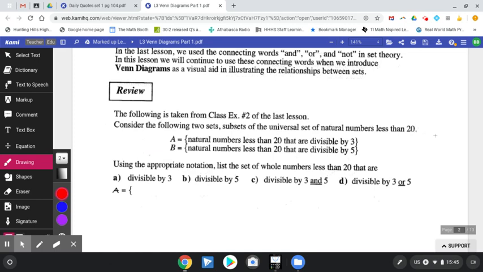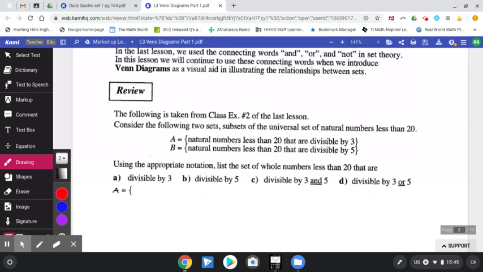Back in lesson 2, we learned that when it comes to a set of elements, and for us from now on, it's usually going to be a set of numbers, but not always, I guess. In lesson 2, we learned that we could use the curly brackets and we could describe the set by listing the elements.